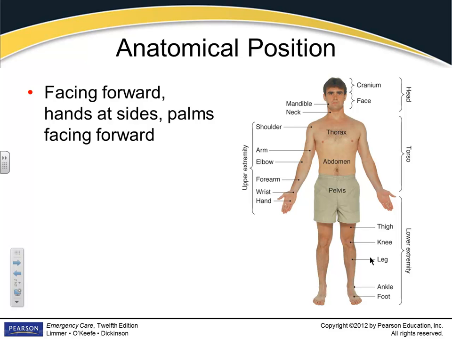Someone can stand up and, okay, thank you very much. Anatomical position is going to be upright with the palms facing out. It's going to be this position with the hands facing out. And this is important because when we start talking about other directions, we need to know where we're starting from.